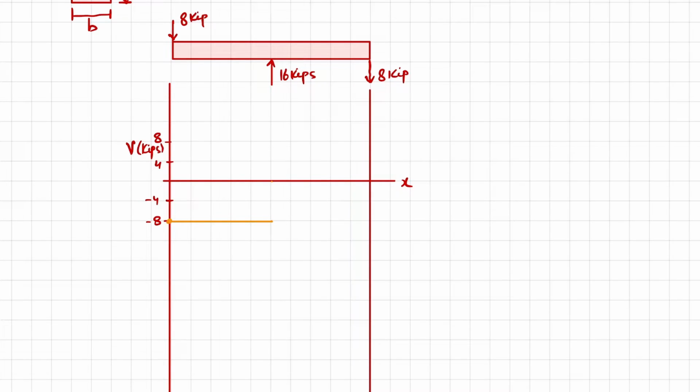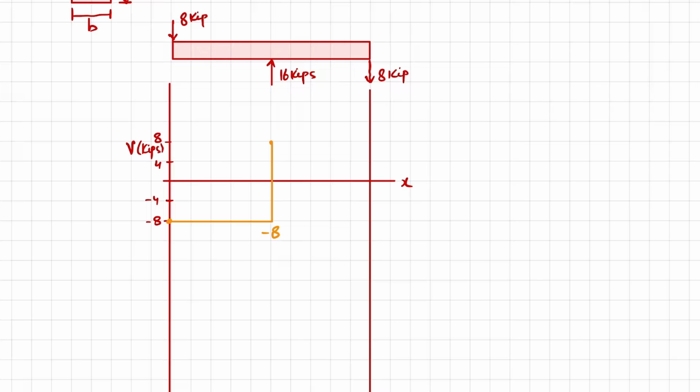Now at this point you can see there is a load of 16 kips, and this is minus 8, so minus 8 plus 16 will be plus 8. So our new point will be this one. At this point the shear force changes from minus 8 to plus 8.